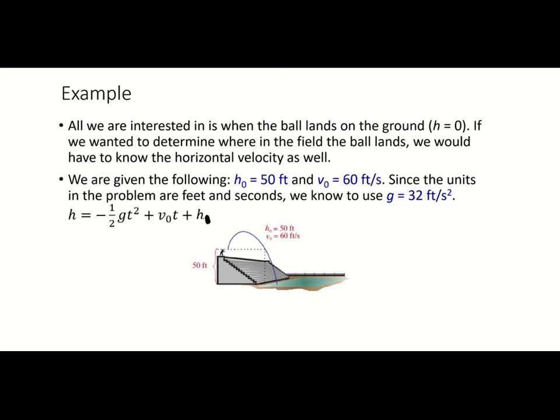It's kind of cut off, but that's your initial height. So our gravity, we're talking here in feet per second. Sometimes they use meters per second, so you have to look at that and convert.